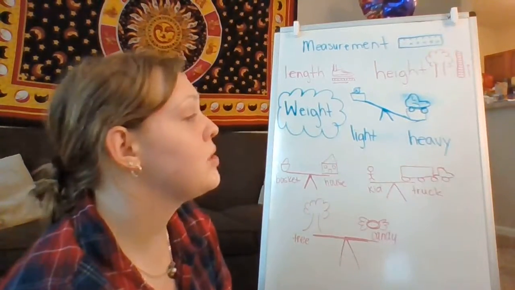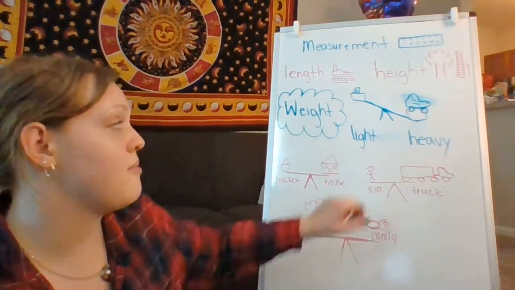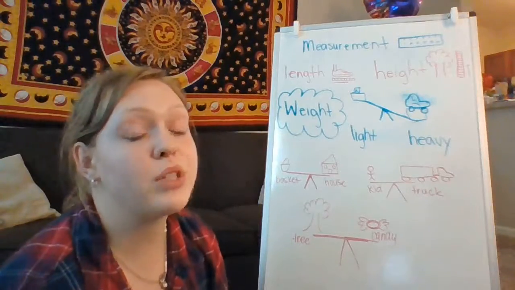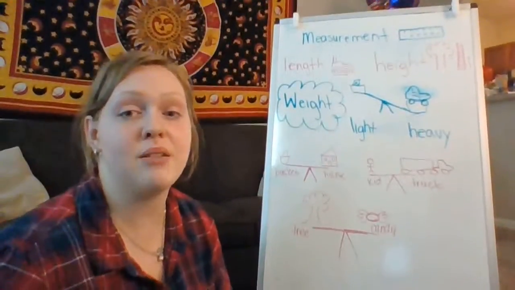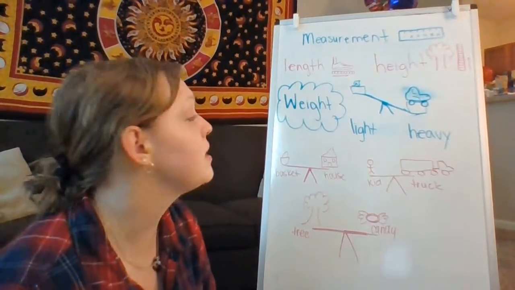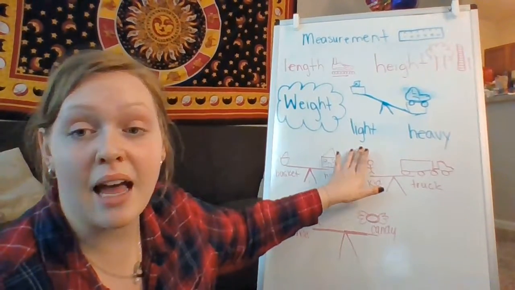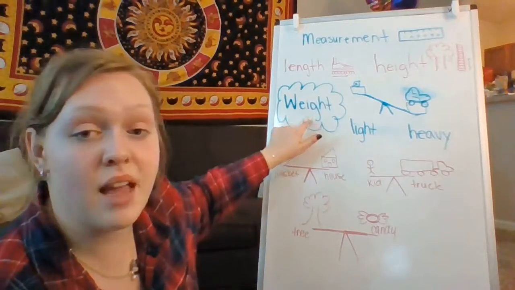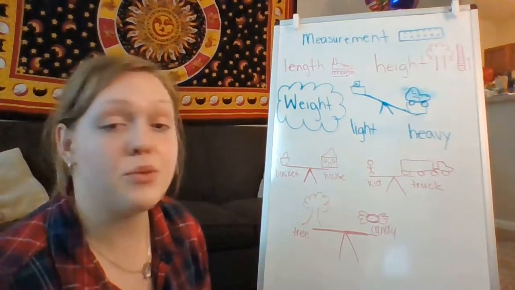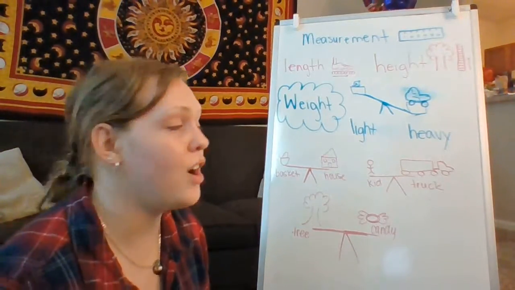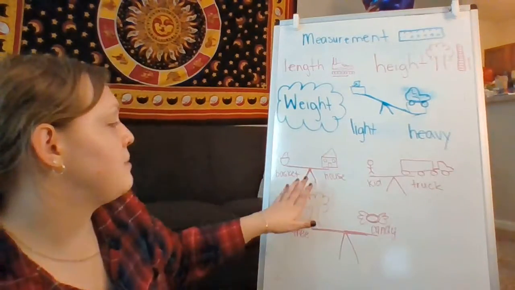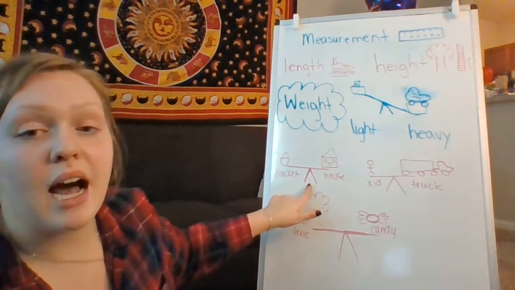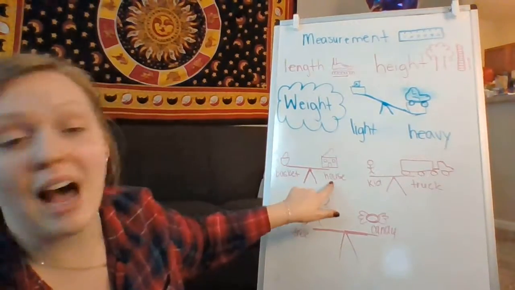So to start off, we're going to look at things that are light and things that are heavy, and we're going to compare them. Remember that word compare, where you look at two items and talk about how they're the same or different. We are going to compare the size and the weight of the item, and see which one is heavier, and we'll circle the one that's heavier. If we look at this picture right here, I have a basket and a house.